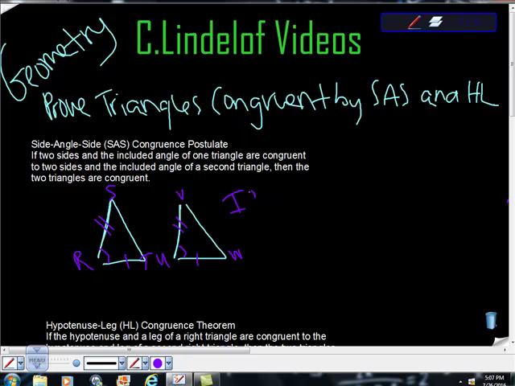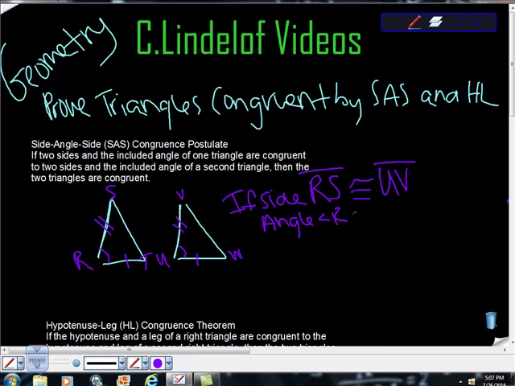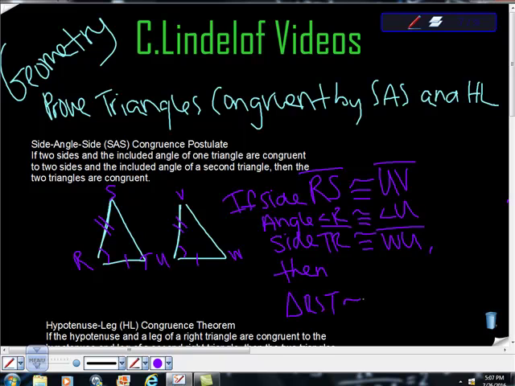So if we were to write that, we could write: if side RS is congruent to side UV, and angle R is congruent to angle U, and side TR is congruent to side WU, then triangle RST is congruent to triangle UVW.